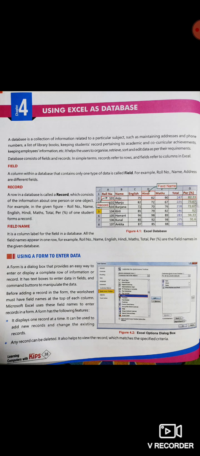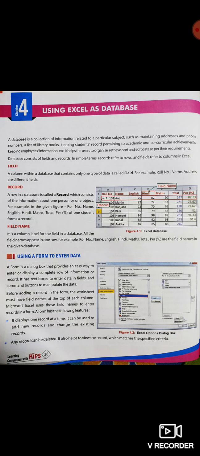Next, any record can be deleted. It also helps to view the record which matches the specified criteria. Using a form, you can create a search criteria. What is search criteria? Search criteria are basically some conditions based on which you want to search for any particular data.